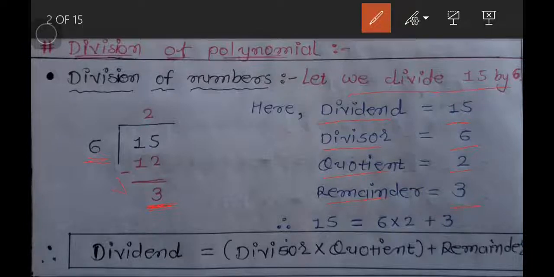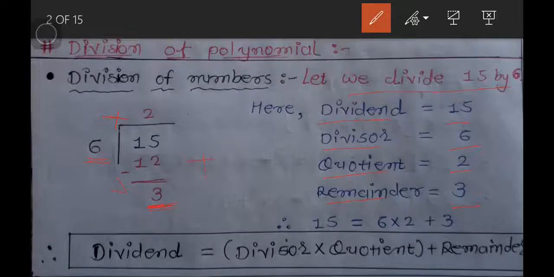Now if you want to write 15, we can also write it as we multiply 6 by 2, so we get 12, and we add 3, that is equal to 15.